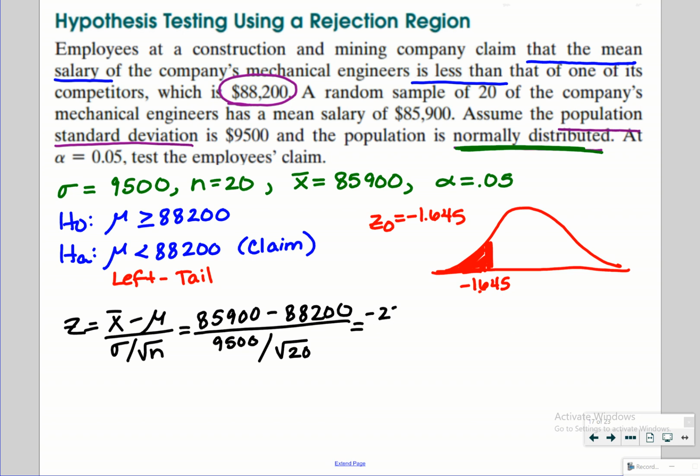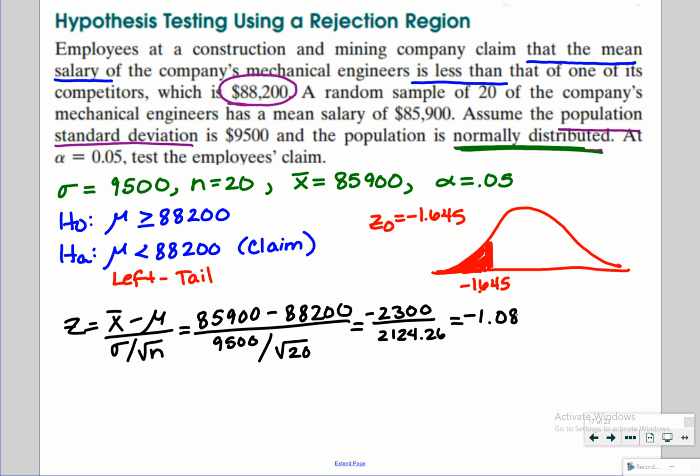So I get negative 2,300 over 2124.26. Negative 1.08. Is that right?